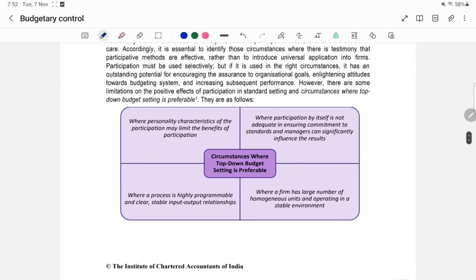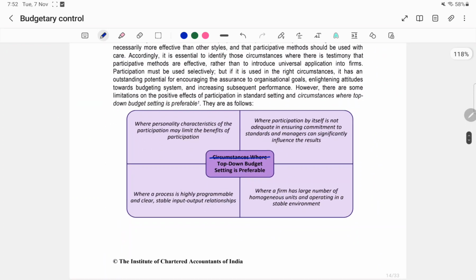Now see, circumstances where top down budget is preferable. So we also have to see which approach is required. So where top down, that is where the senior level sets the budget for the lower level, in what cases is it preferable?